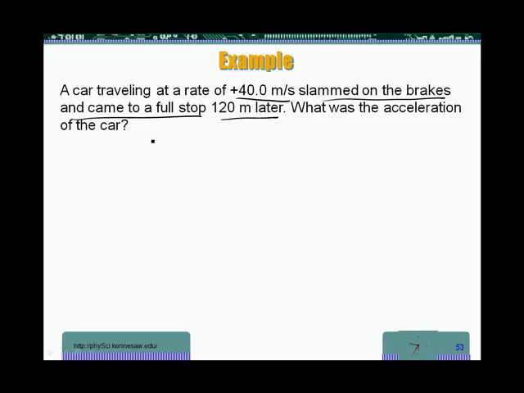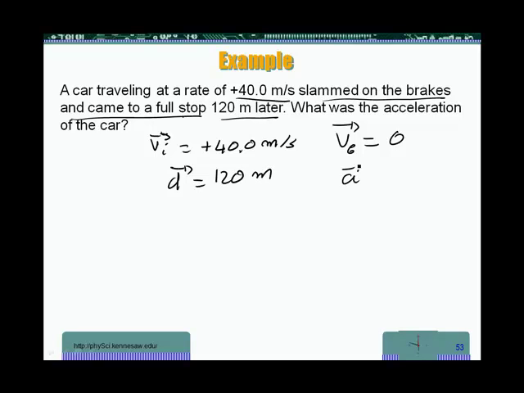We are given the beginning velocity, Vi, is plus 40 meters per second. We are given the final velocity. Came to a full stop, that's the final velocity, 0. And we are given the displacement, 120 meters. And we are asked to find the acceleration. No time is given.